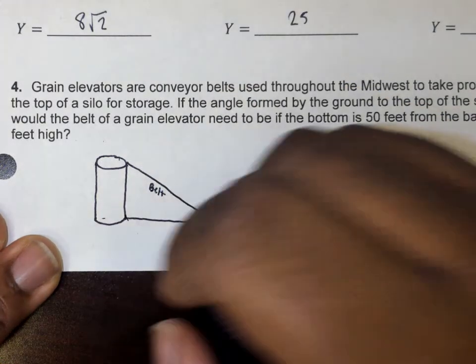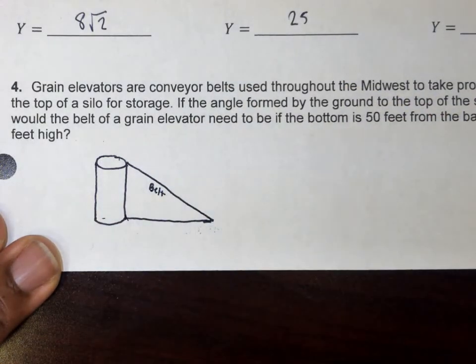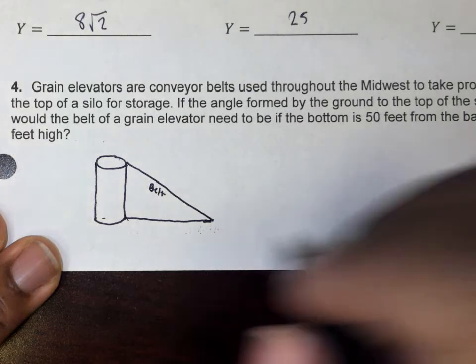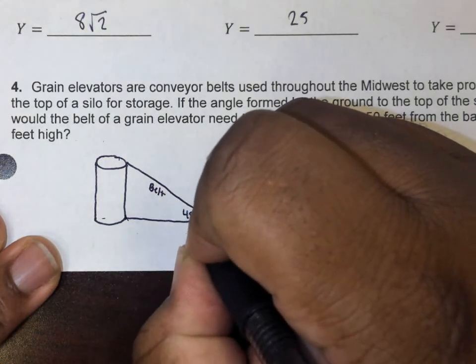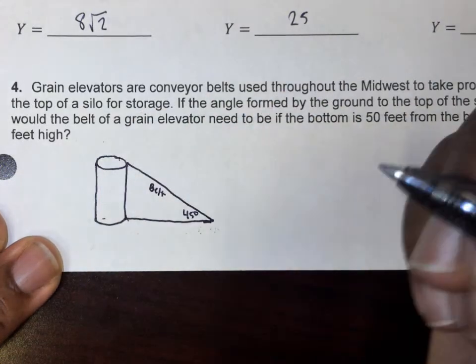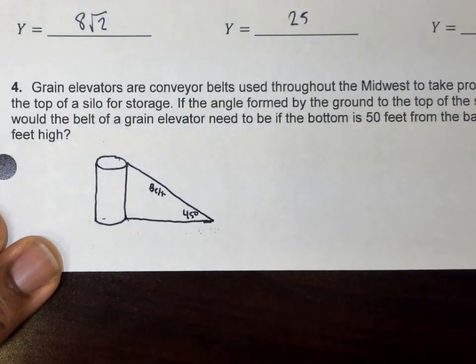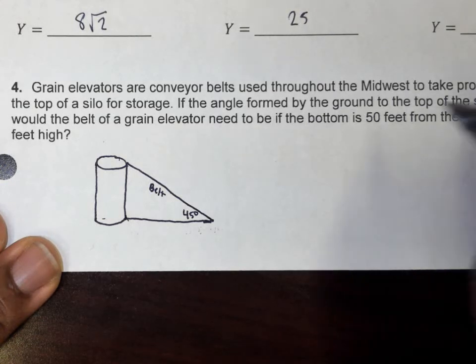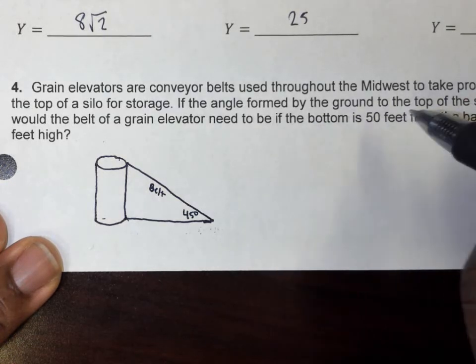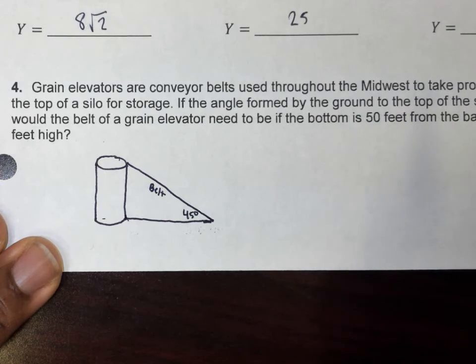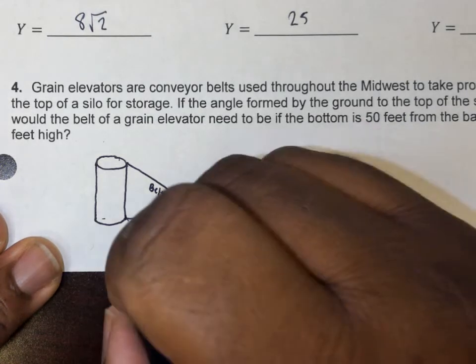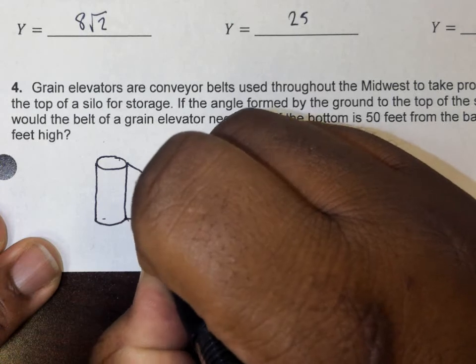Boom. They said the angle formed by the ground to the top of the silo is 45 degrees. From the bottom, the grain elevator is 50 feet from the base, so 50 feet here.